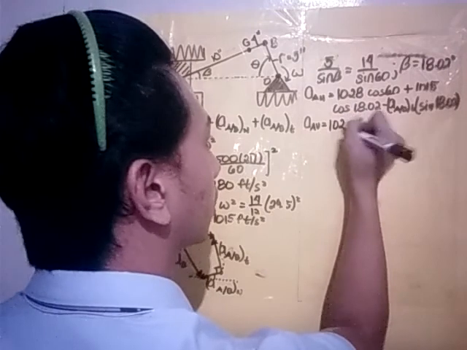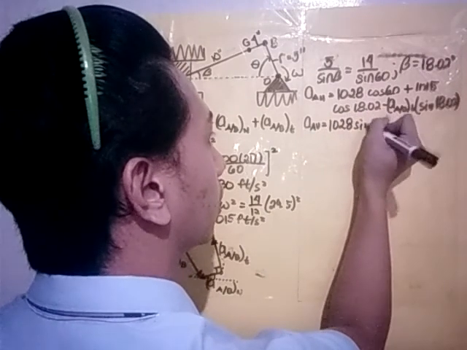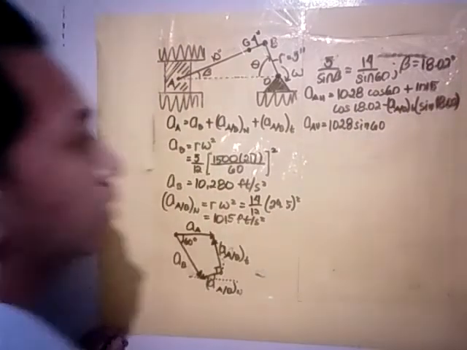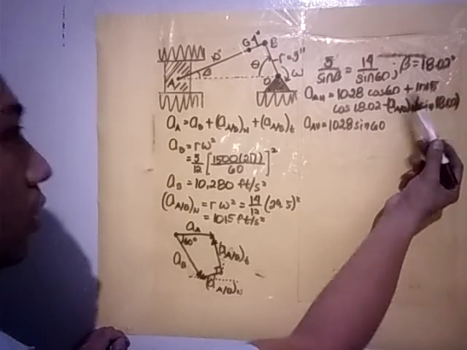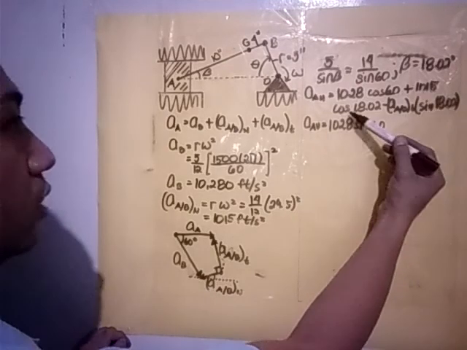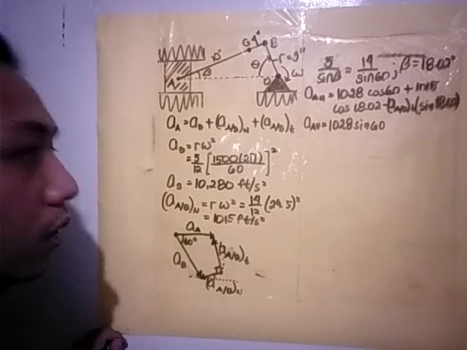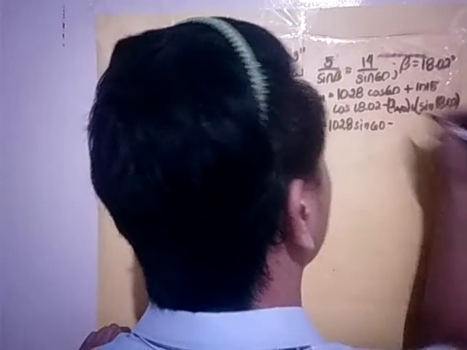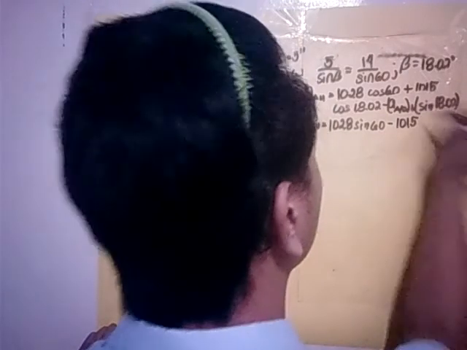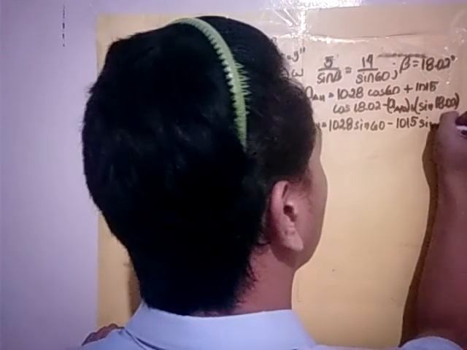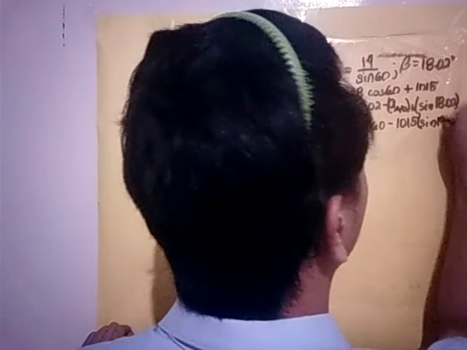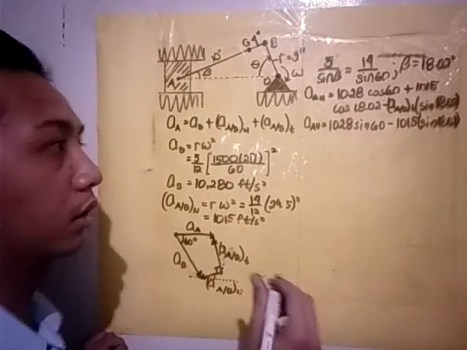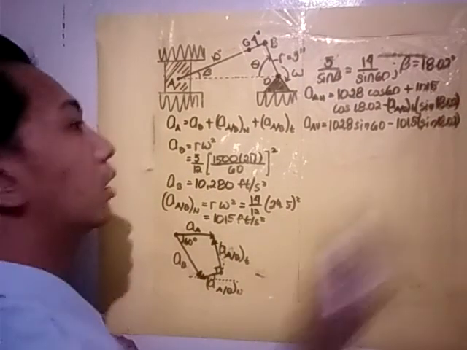So 1028 sine 60, but this time this one will be negative. So minus 1015 sine 18.02. Then this is that one.